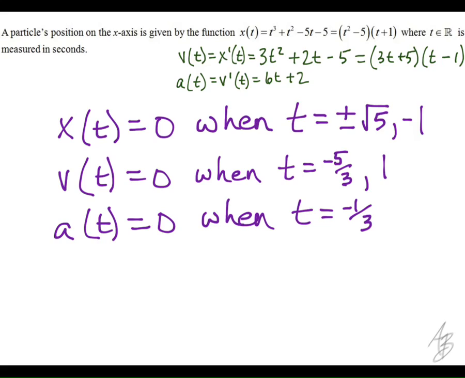So we know that the function's not going to go from positive to negative unless it crosses through 0 first. So what we can do here is make a little chart and figure out where each of the functions is equal to 0, and then we can just check regions, and we know that the value is going to stay positive or stay negative within the entire region between the zeros.